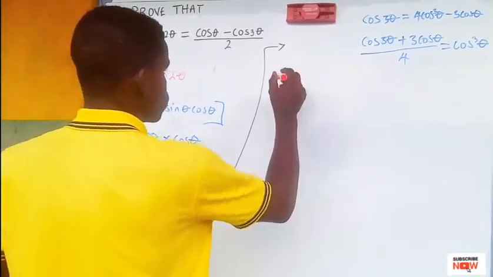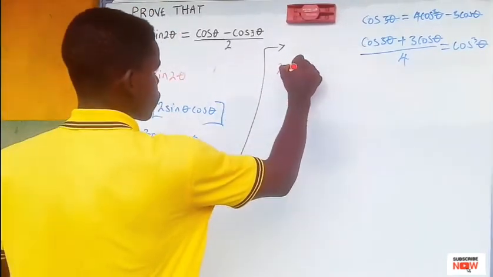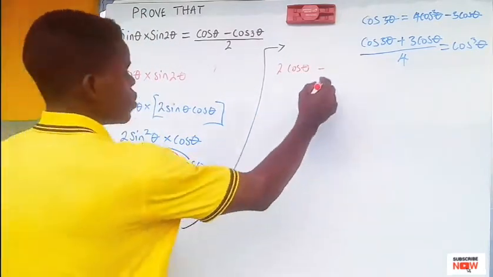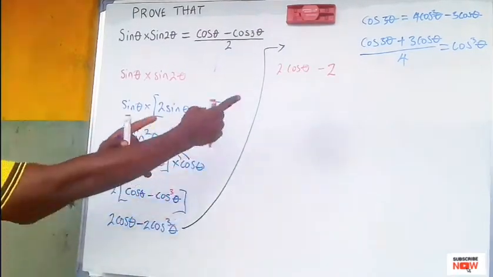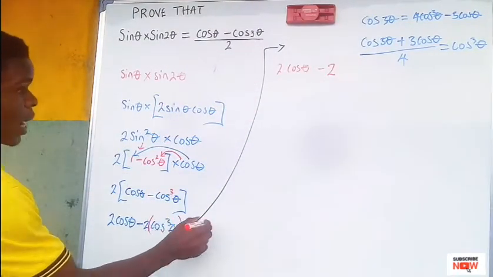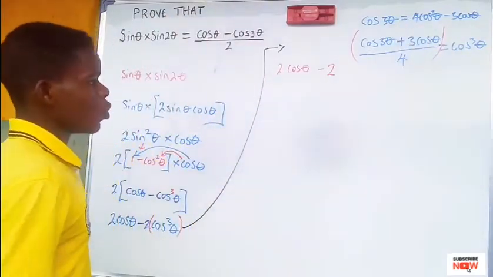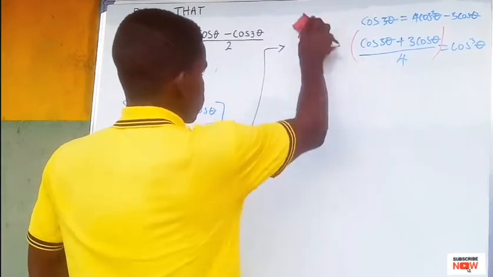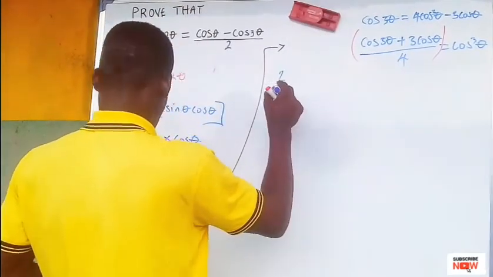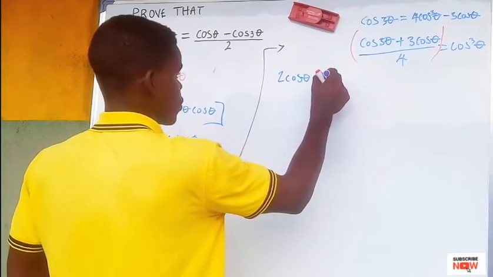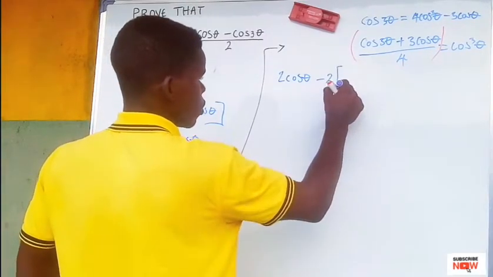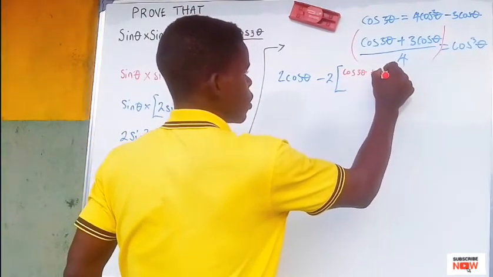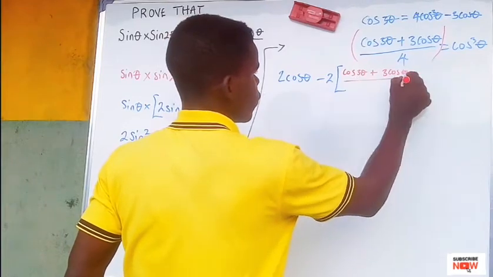From here I have 2 cosine theta minus 2 times, and in place of cosine cubed theta I put this, so we have cosine 3 theta plus 3 cosine theta over 4.